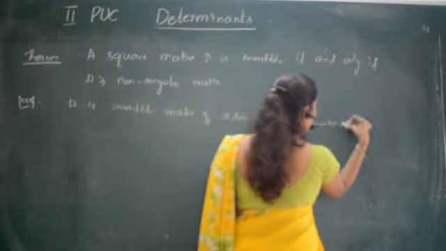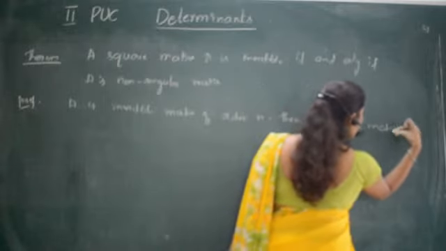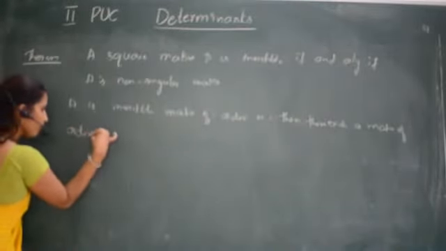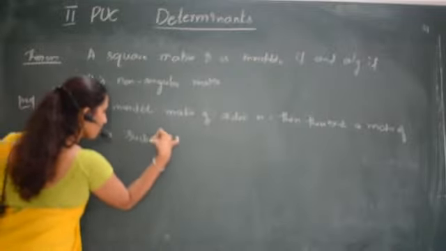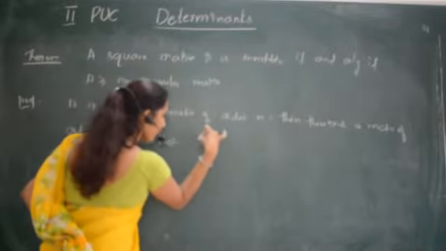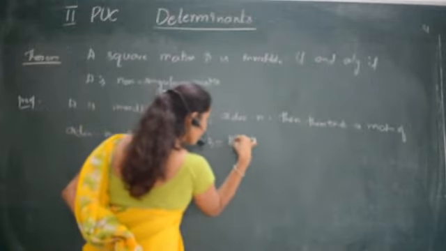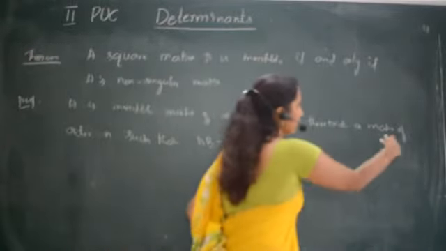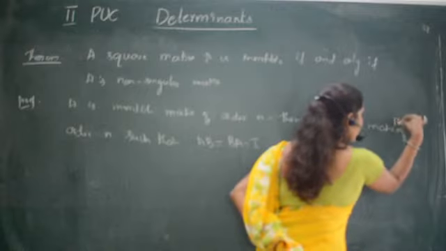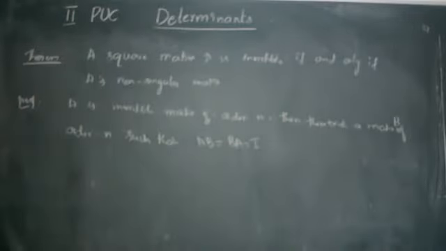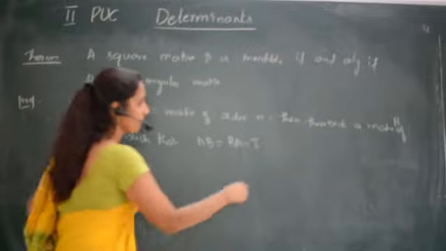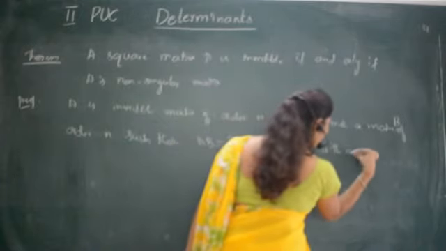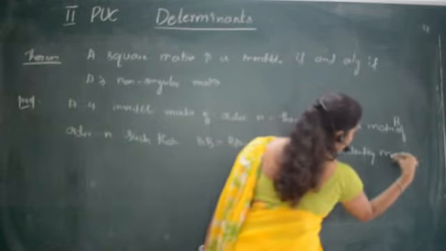If A is the invertible matrix of order n, then there exists a matrix B of order n such that AB is equal to BA is equal to I, where I is the identity matrix.